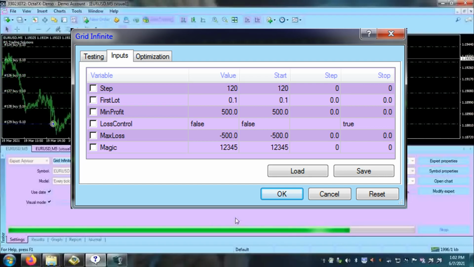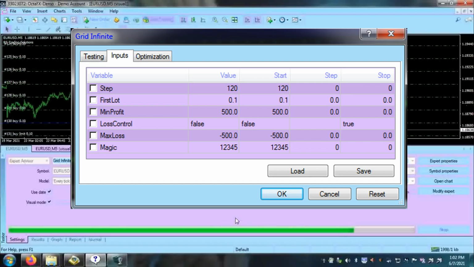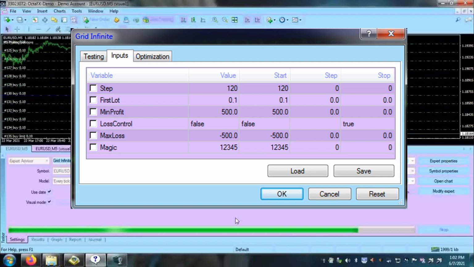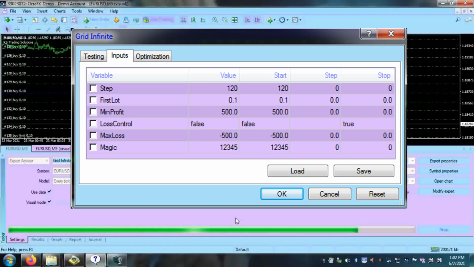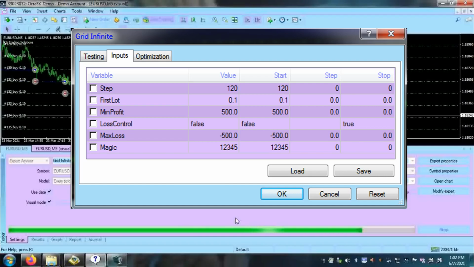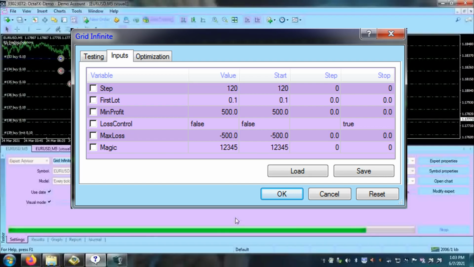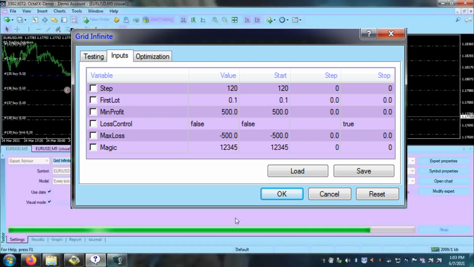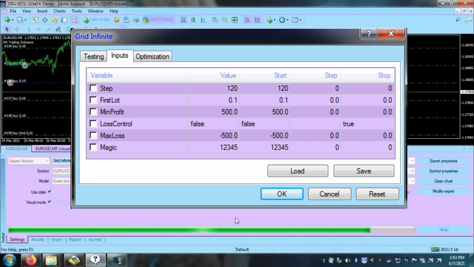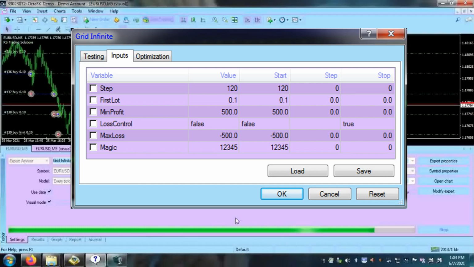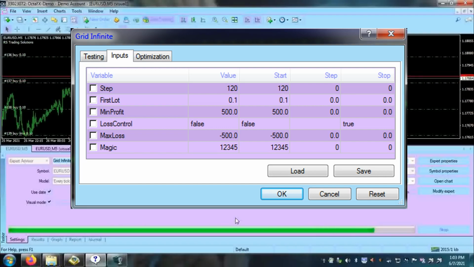Then the fourth one is the loss control. This is very important. If you don't want to lose more than some predetermined value, for example $500, you can set loss control as true, and then in the next input, maximum loss, you can put minus 500.